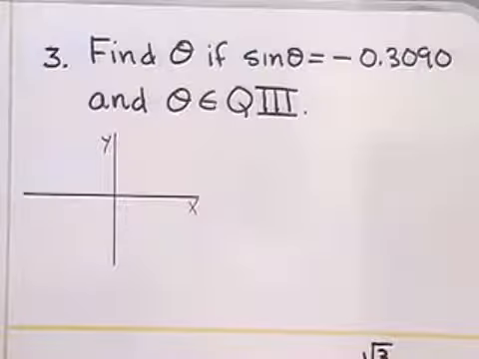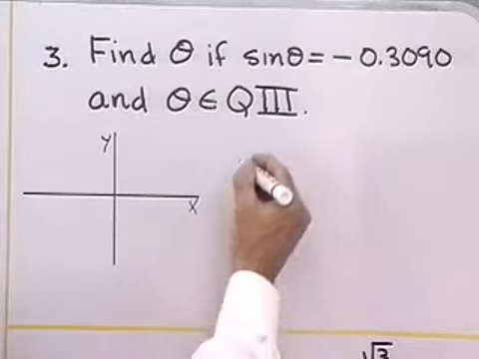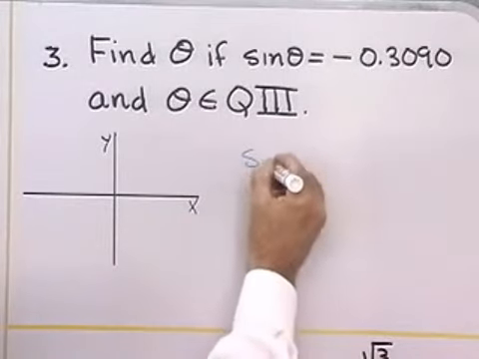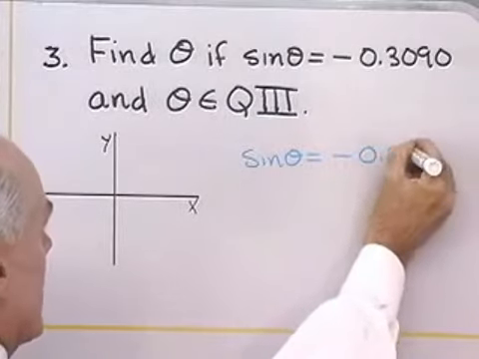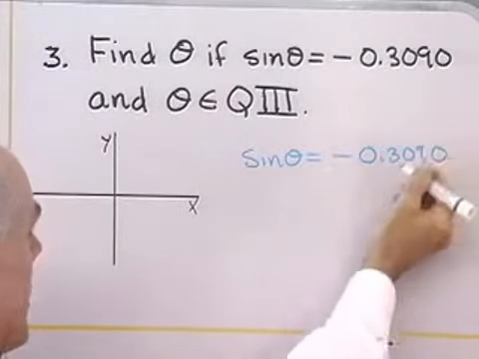My next problem: find theta if sine theta is negative 0.3090 and theta terminates in quadrant number 3. So I'm going to work on a calculator here, and I'm going to say, okay, sine theta is equal to negative 0.3090.